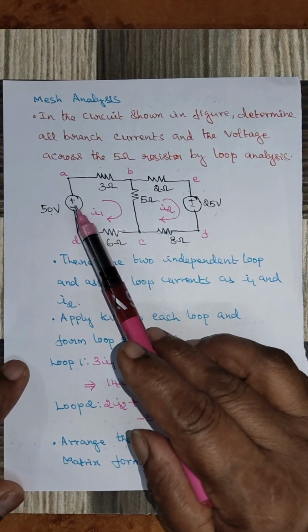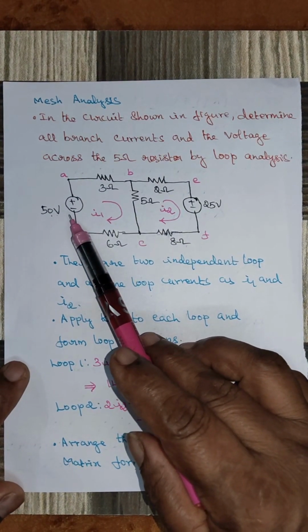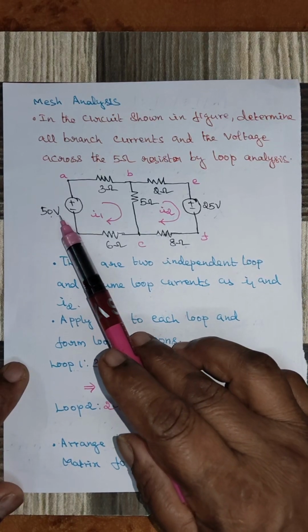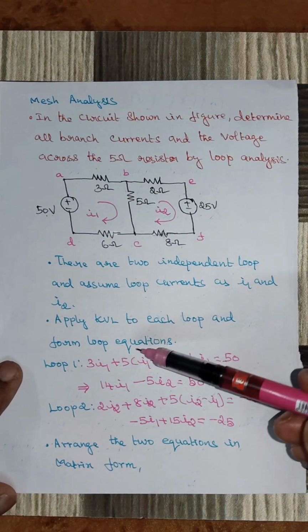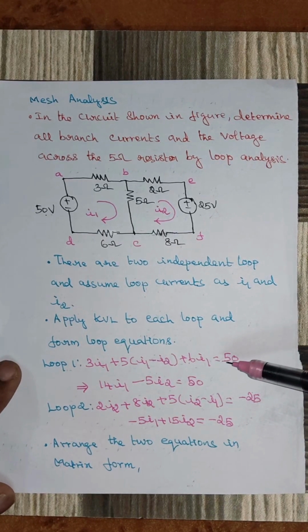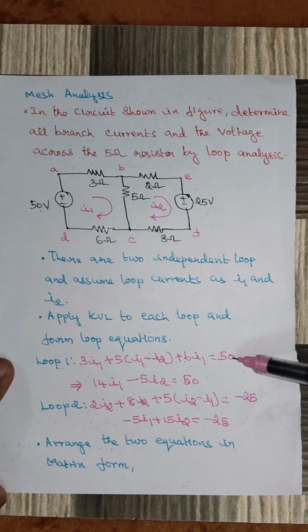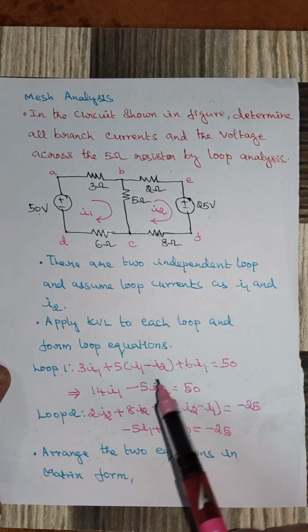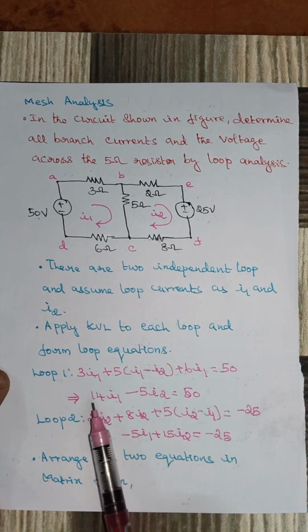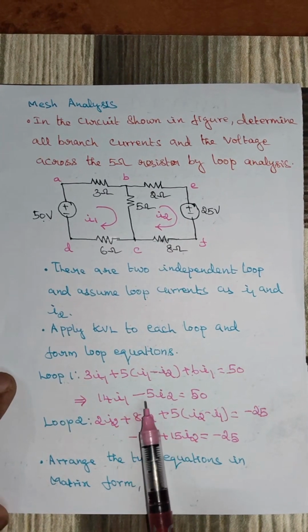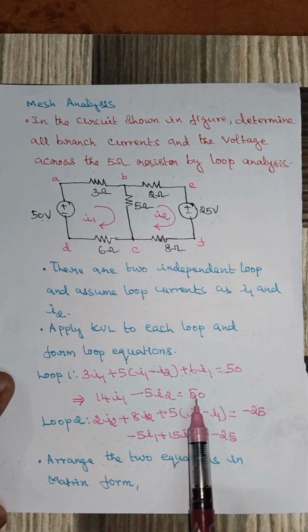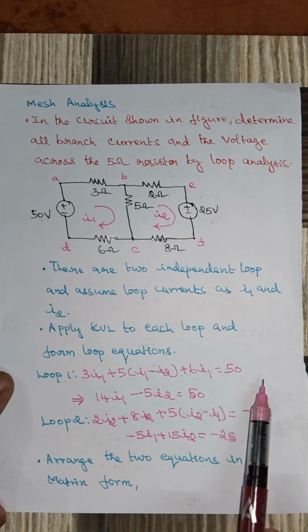You see here the 50 volt is a rise and the remaining voltages are drops. So all the drops are added together, which is equated to the rise in voltage. If you simplify this equation, we get 14I1 minus I2 is equal to 50. Consider this as equation 1.